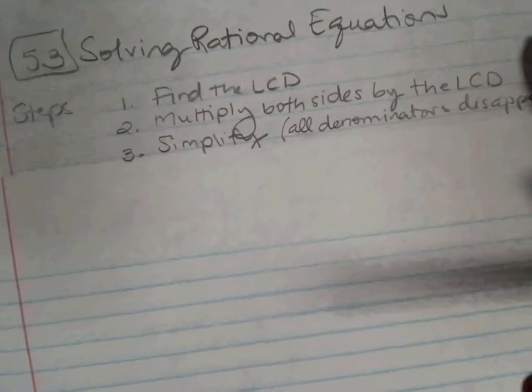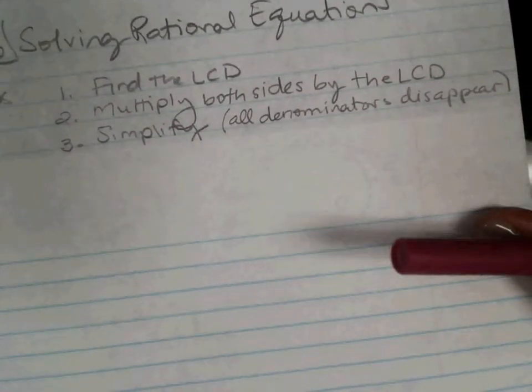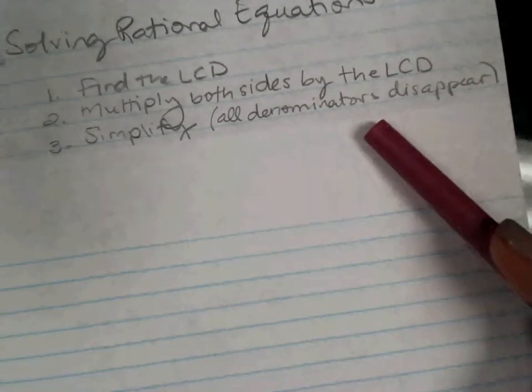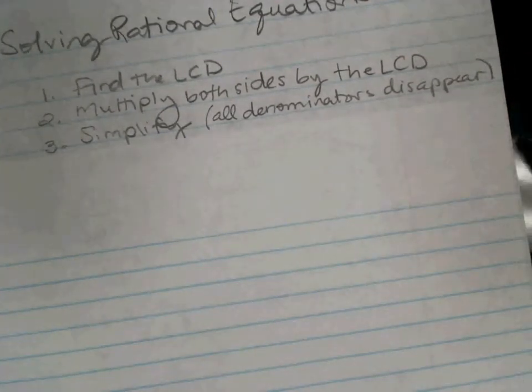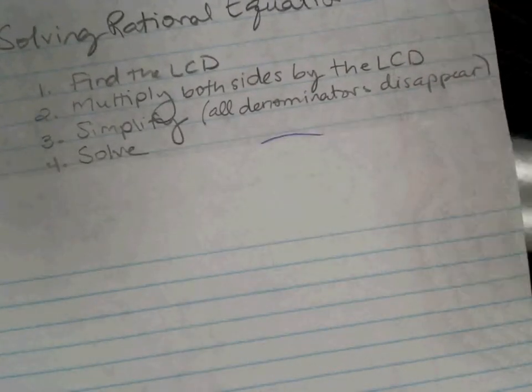Step 3 is simplify. This is my favorite step because on this step all the denominators should disappear. And then we're left with a simple algebraic equation that we can solve.